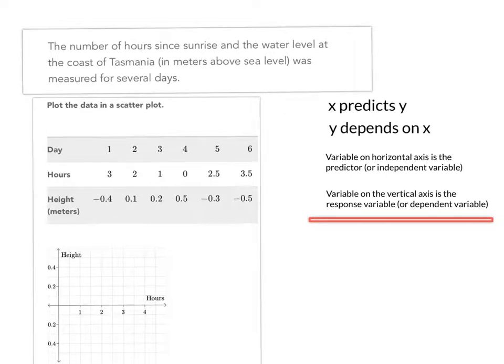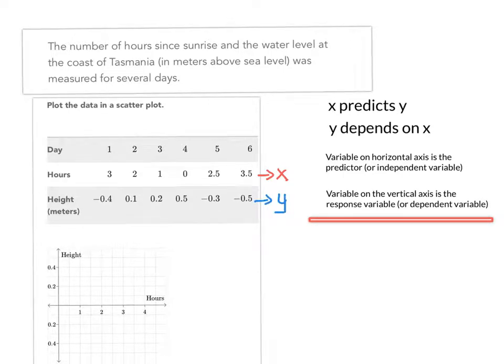We're just interested in number of hours after sunrise and water level in meters above sea level. Okay, so we're not really looking at this information right here in order to create the scatter plot. We're just going to look at hours, and hours is our predictor. That's our X variable. And we're going to look at height, and that is our response or Y variable.